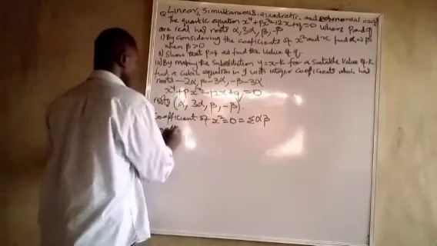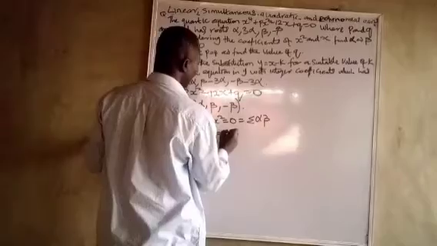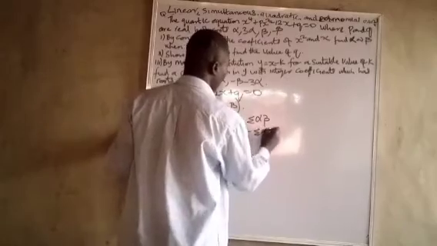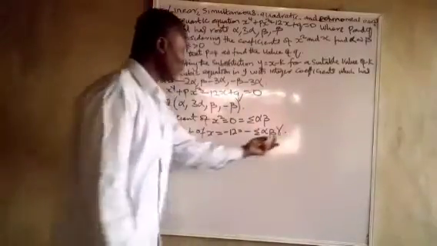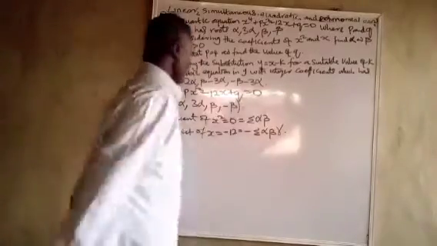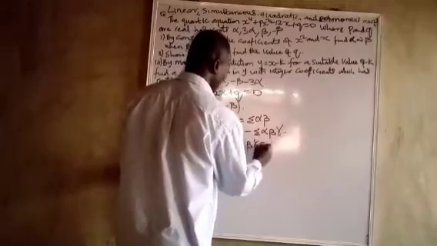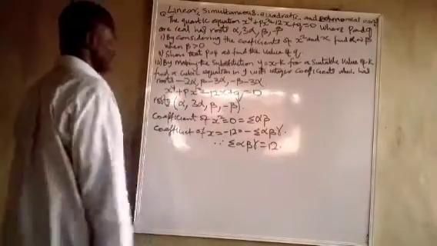The coefficient of x is equal to minus 12, and it is equal to minus the sum of the roots in threes. Therefore, the sum of the roots in threes is equal to 12.